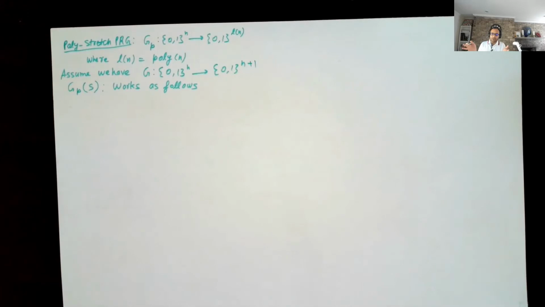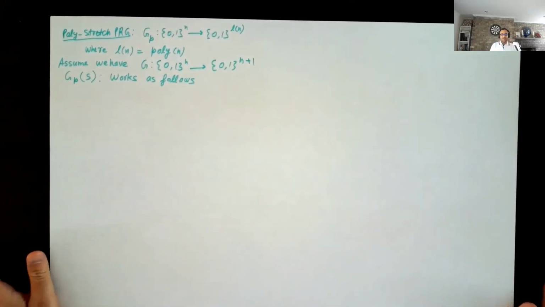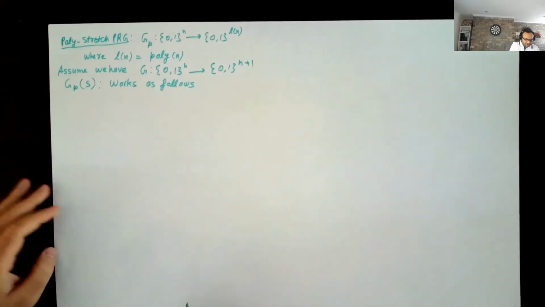Then we will take n of these, apply G again, and that will give us a further n plus 1. So in every step, we are sort of getting 1 bit for free, and we will keep accumulating those bits. And finally, we will have an output which can be as long as we want. So the polynomial stretch PRG works essentially as you would expect.